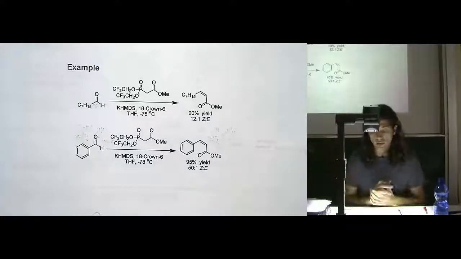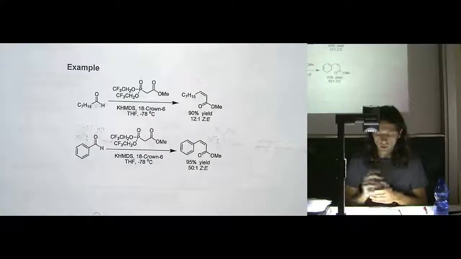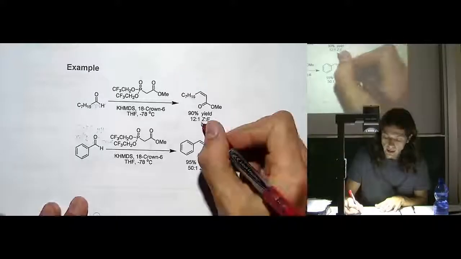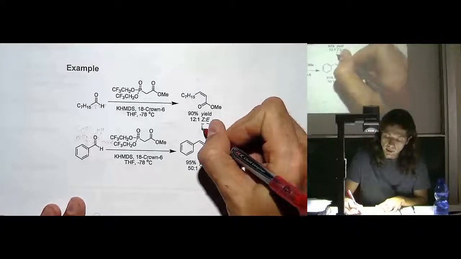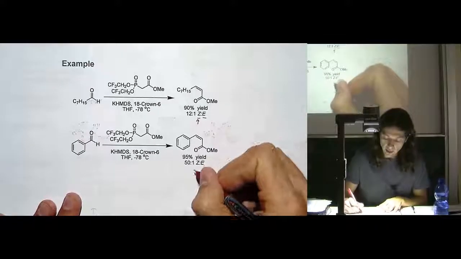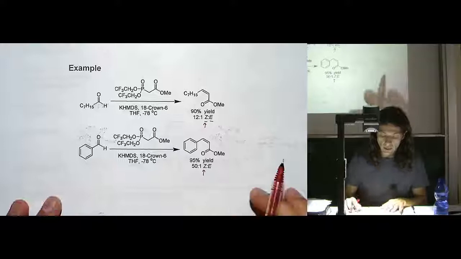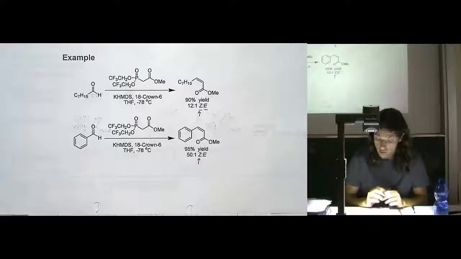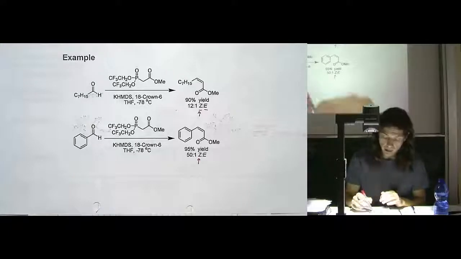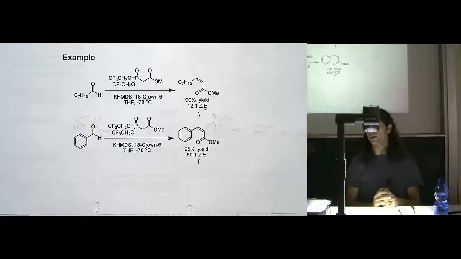As we can see, this is not always black or white, so it gives a mixture of configurations, E and Z, but predominantly it is of course the Z product, as we have seen. The conditions are in both reactions the same, using the base we have explained before, and then the crown ether.